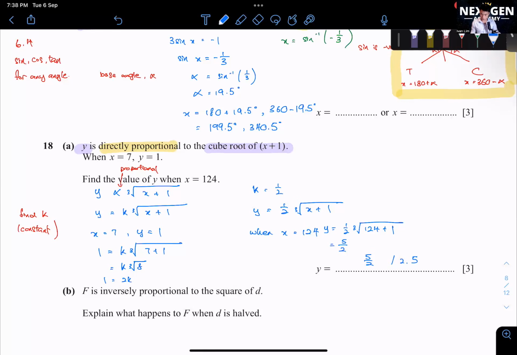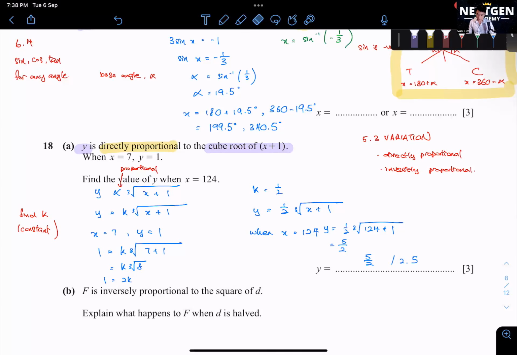Yes, you go to 5.3 Variation. This is in Thinkific. You will learn these two things: directly proportional and inversely proportional.